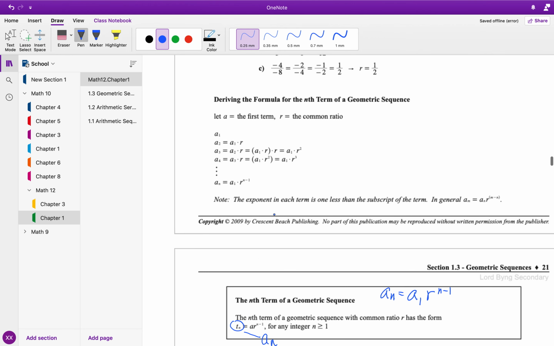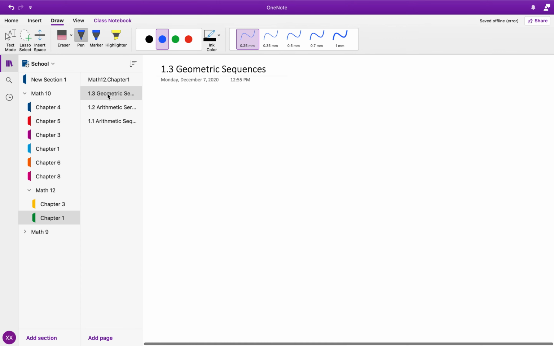So let's see how we can derive this formula. I go to this page, and let's write out how to derive it. Here we go again. We have A1. Now A2 equals A1 multiplied by the common ratio, and A3 equals A2 multiplied by the common ratio.